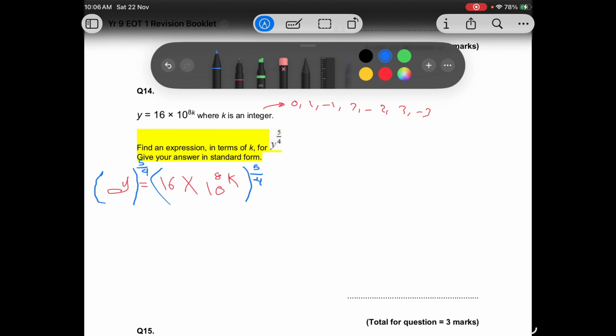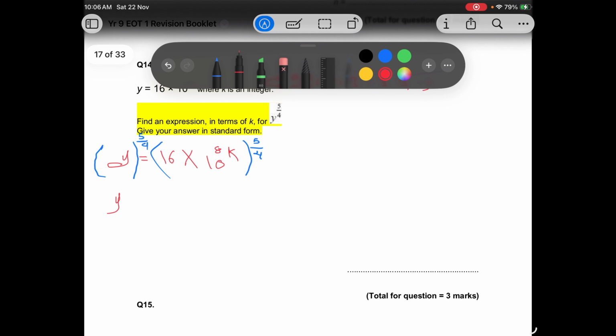Then we are done with the left side. It is y to the 5 over 4, as you see, equals 16, of course, to the same power, which is 5 over 4, and 10 to the 8k to the same power of 5 over 4.